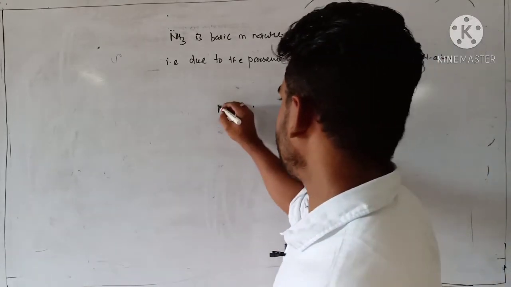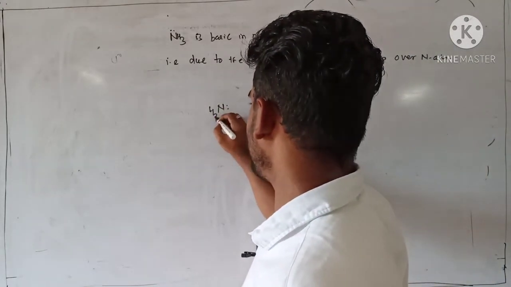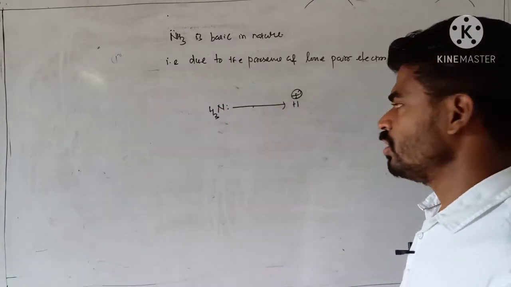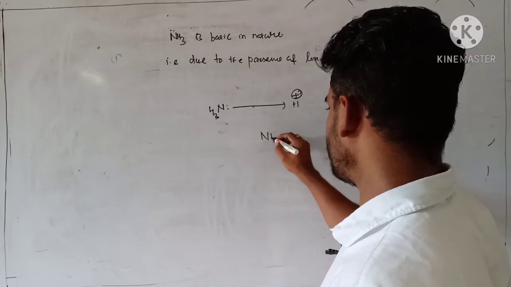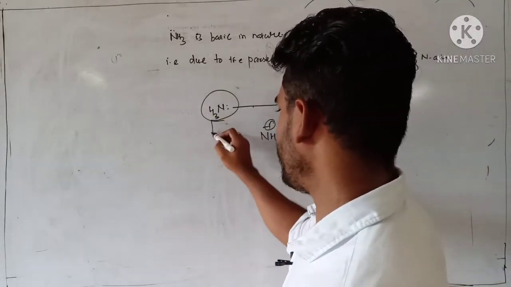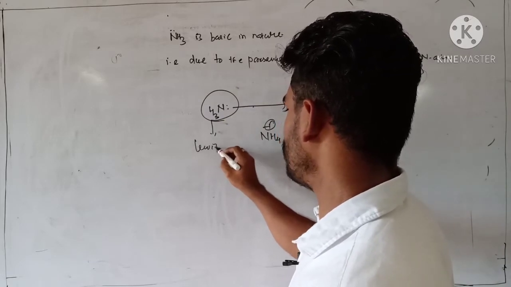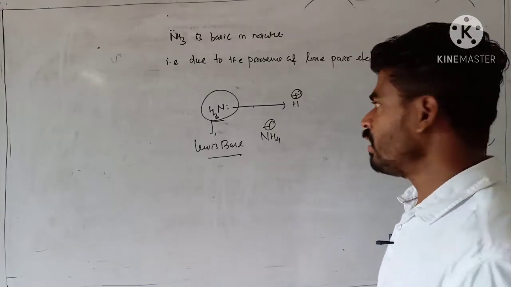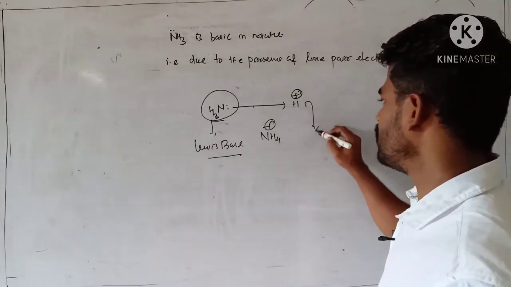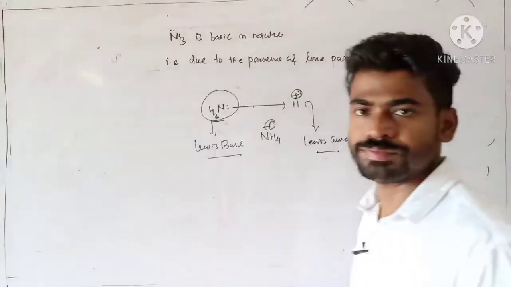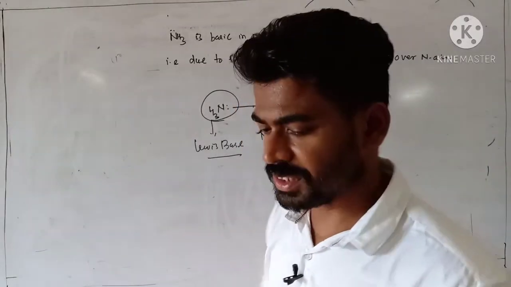This lone pair can be donated to any deficient species, suppose a proton, leading to the formation of NH4 plus. So ammonia acts as a Lewis base, since it donates an electron pair, and this proton is your Lewis acid.